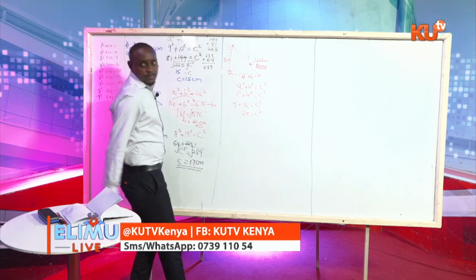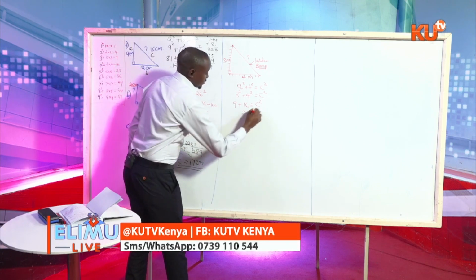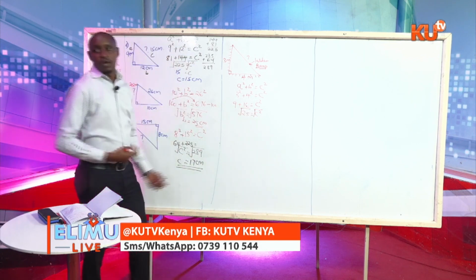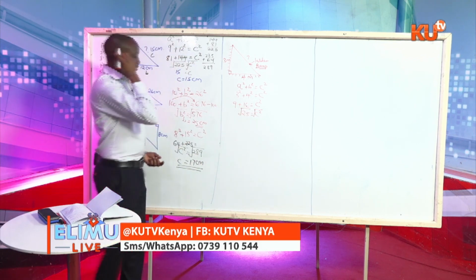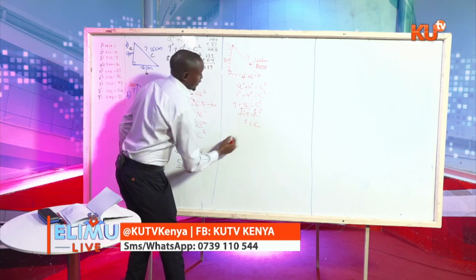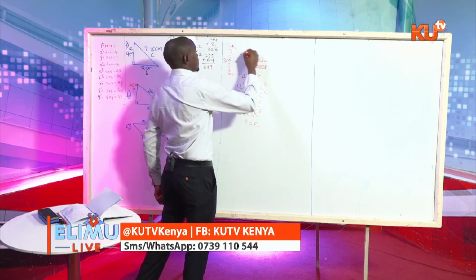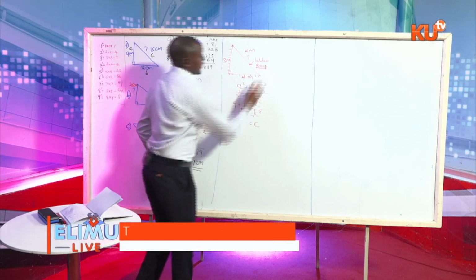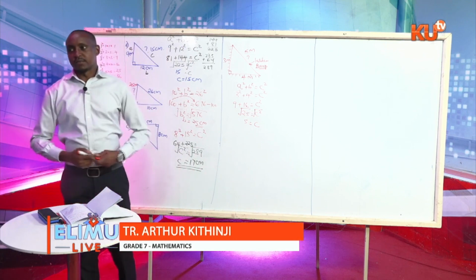For us to remove the exponent, we must take the square root of C squared, and we must also do the same to 25, which means our C is 5. Therefore, the length of the ramp is 5 meters.